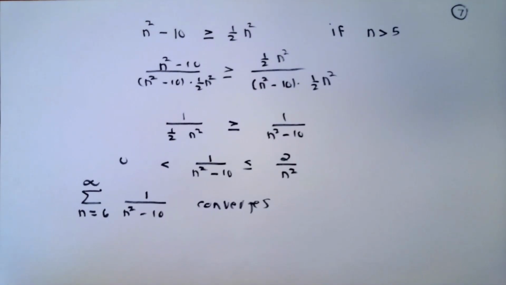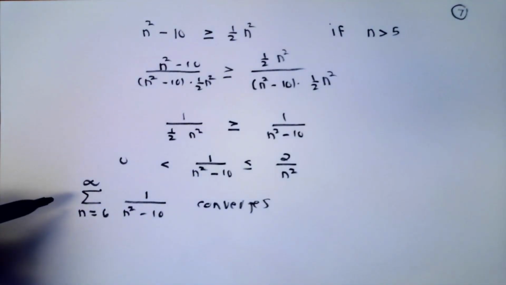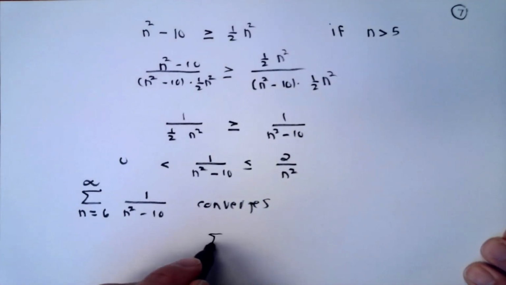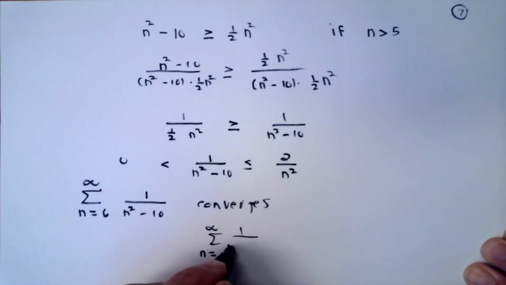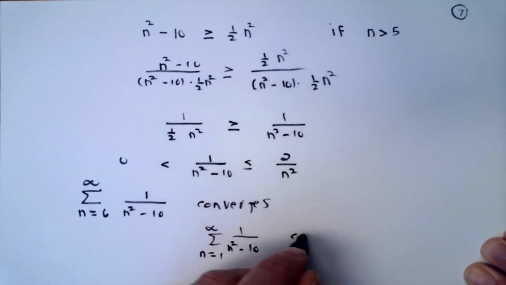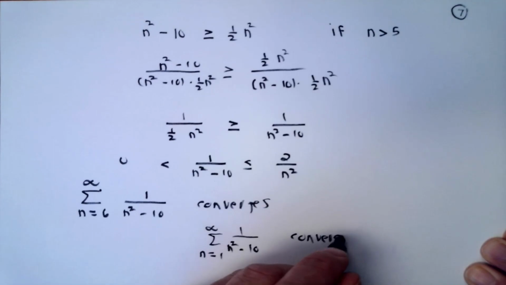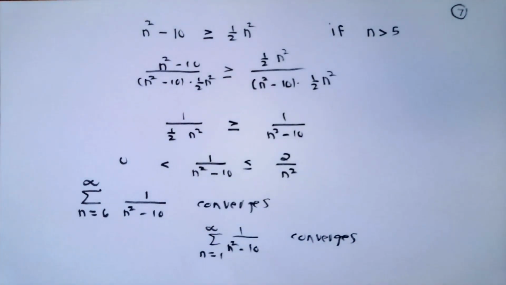Changing a finite number of terms in an infinite series doesn't change whether it converges or not. So the moment that I know that this converges, I know that that converges as well. Even so, working directly with the direct comparison test can be kind of painful.